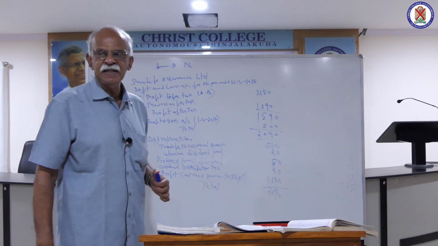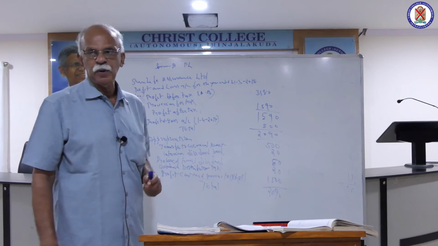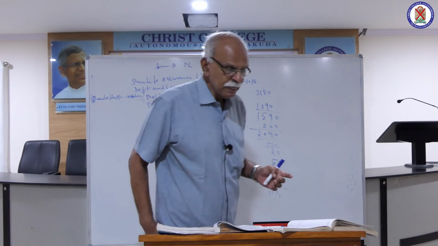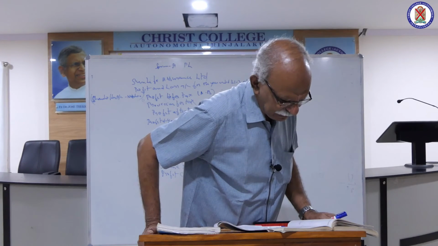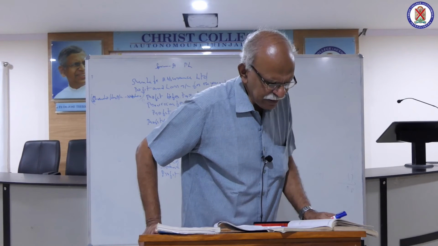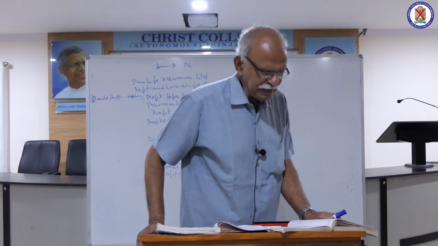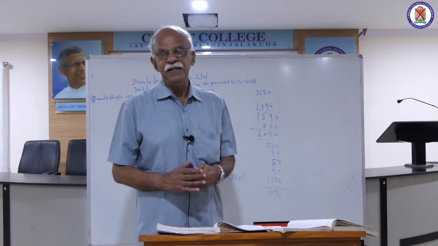You add last year's profit to that. Then you make the appropriations: general reserve, proposed final dividend, interim dividend paid, then dividend distribution tax. The balance will be carried forward to the balance sheet.